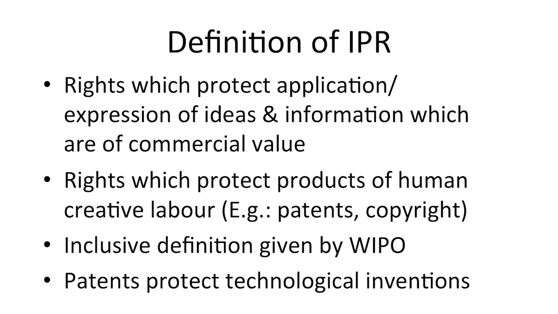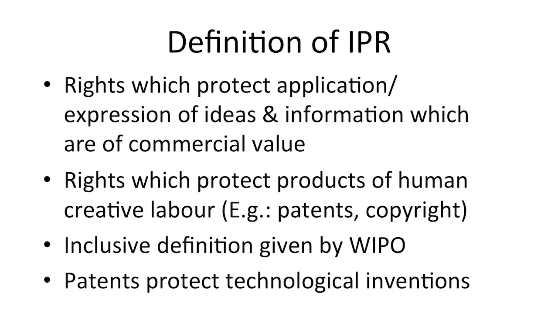Types of intellectual property rights. There are many different varieties of intellectual property rights, and they are distinguished by the nature of the product on which they manifest, or the end product that comes out of human creative effort. When we peg the definition of intellectual property right to human creative labor, that itself creates some problems, because we have today something called geographical indications where no human creative effort is technically involved.